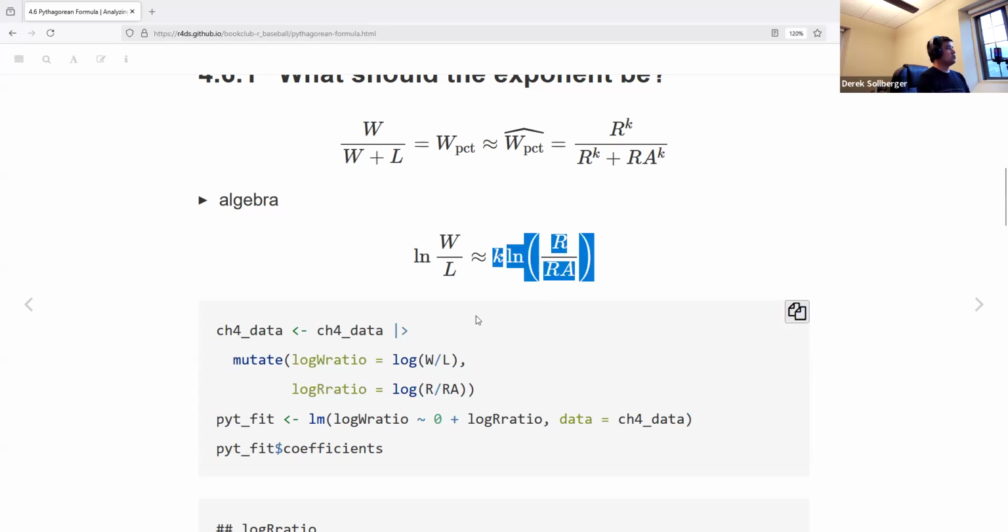Now, this part of the equation does not have an intercept on it. It's just the coefficient k times a variable. So what was surprising to me was putting a 0 here to ignore the intercept term and focus directly on the log run ratio among the inputs.